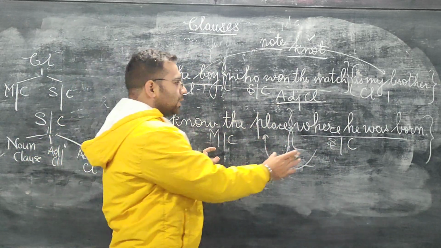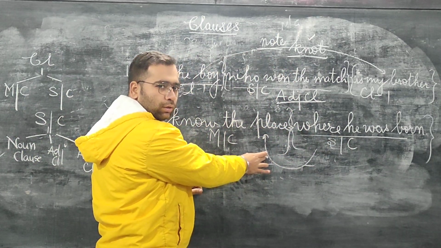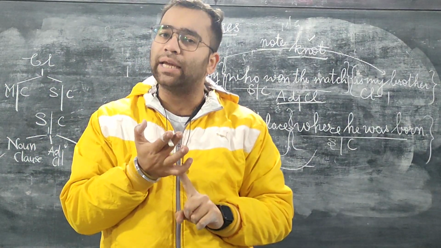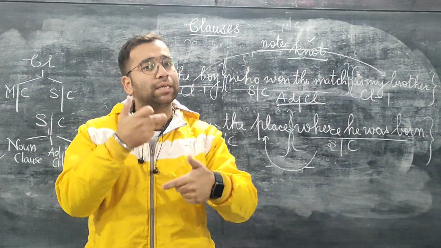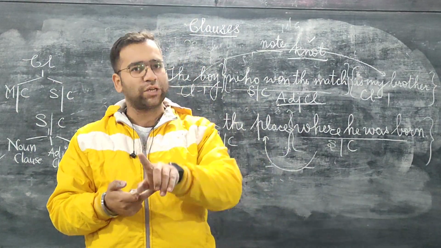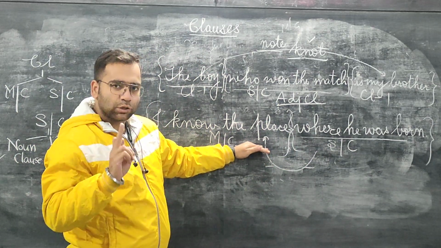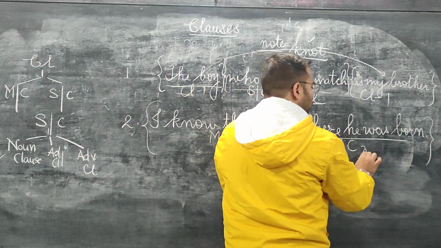It means this subordinate clause is explaining more about a noun. Now this you have been taught: the name of person, place or thing is known as noun, and the things which explain a noun are known as adjectives. This part is explaining more about a noun. Yes. So this will become an adjective clause.